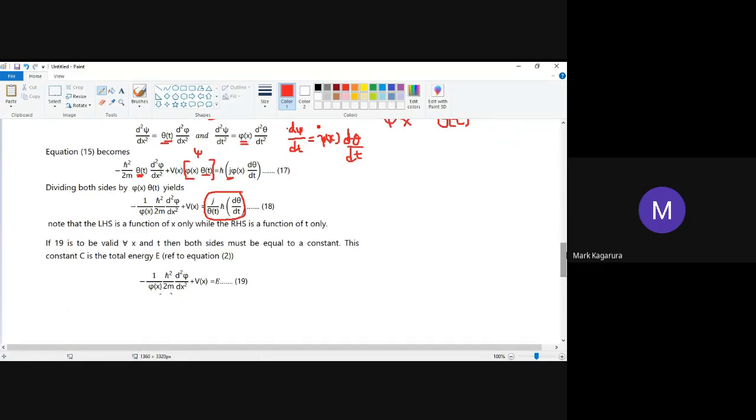Now, we can see this as okay, there's another condition for solving this, that if you have variables on this side and variables on this side, then the solution must be a constant.